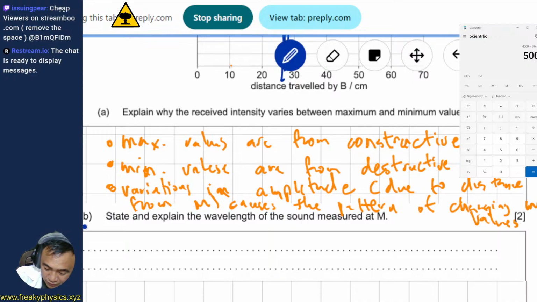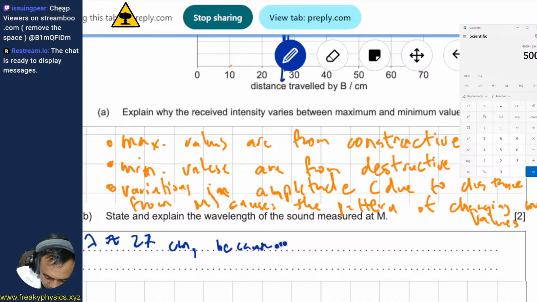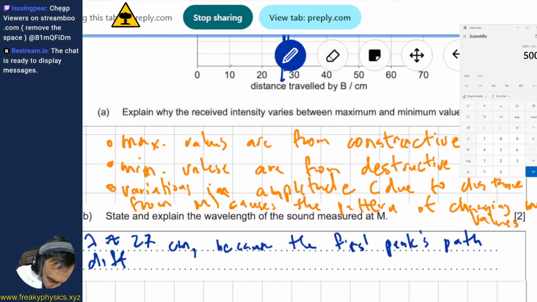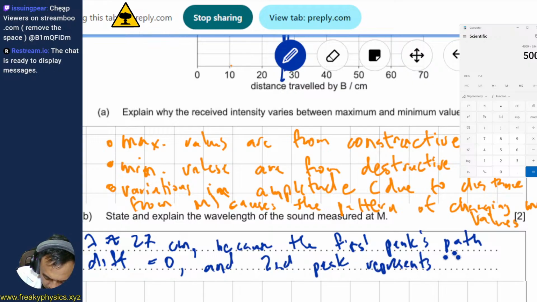State would be lambda is approximately 27 cm, because the first peak's path difference is 0, and the second peak represents a lambda path difference.